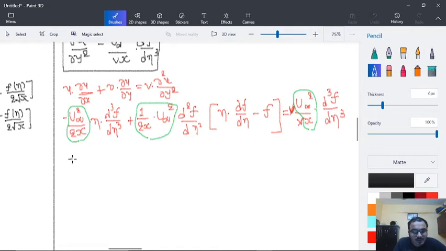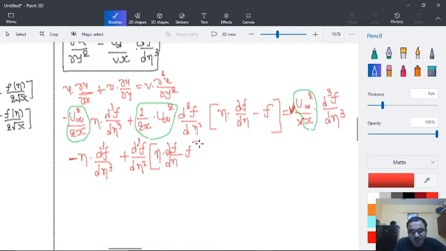So minus eta into d3f over d eta cube plus d2f over d eta square into eta into df over d eta minus f, which is equal to 2 times d3f over d eta cube.